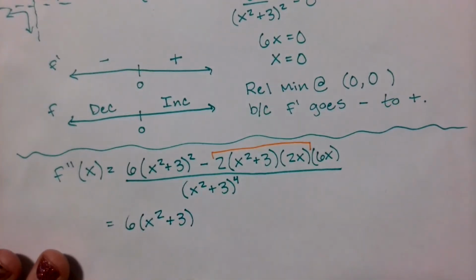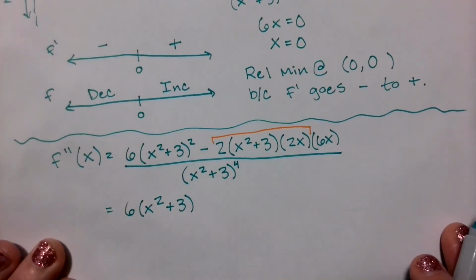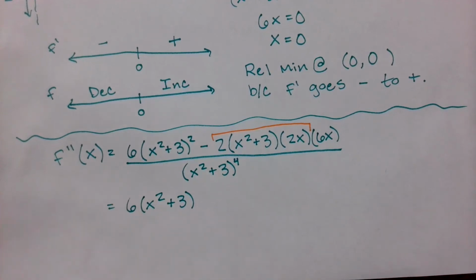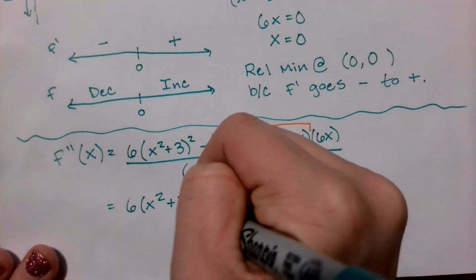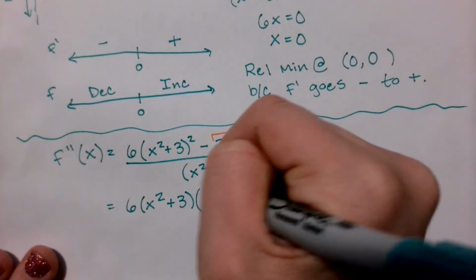And again, the reason that we're not multiplying this out and instead I'm factoring it is that we're going to use the numerator to find those points of inflection. I'm going to be setting this equal to 0 and then solving, and that will involve the numerator. I will want it in factored form anyway, so that's why I'm doing that. So we're taking out the 6, x squared plus 3, which means we're left with an x squared plus 3 on the left of the negative.